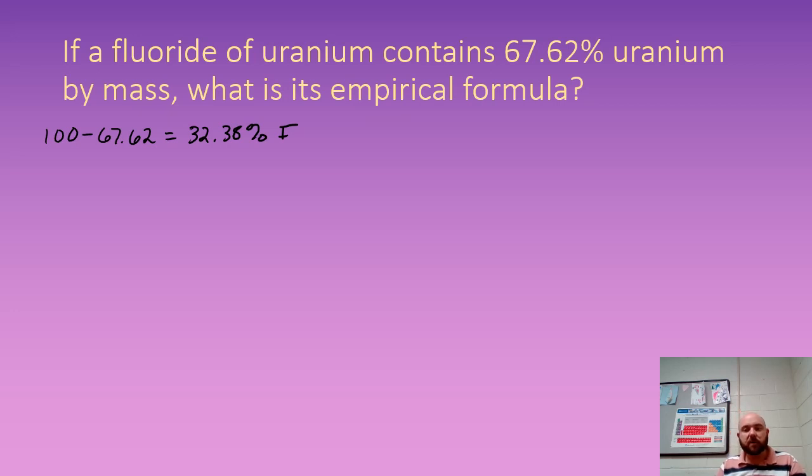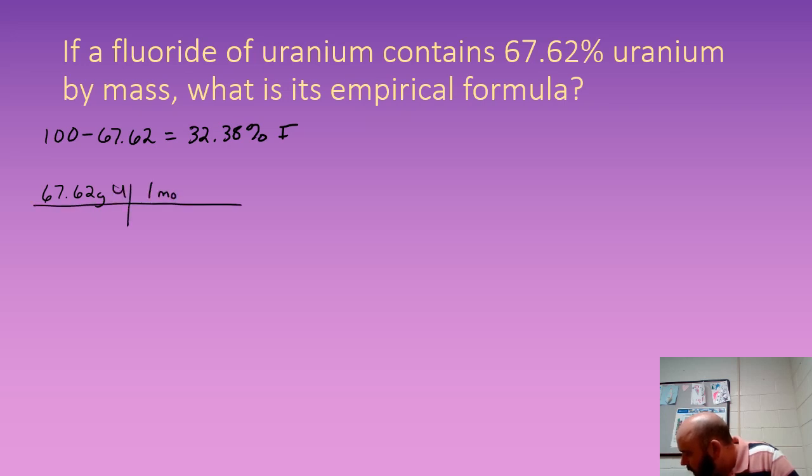Now that we have percentages, we can go ahead and assume a 100-gram sample and convert those percentages into grams. So I will start by setting up my uranium conversion, 67.62 grams of uranium. 1 mole of uranium has a mass of about 238.029.